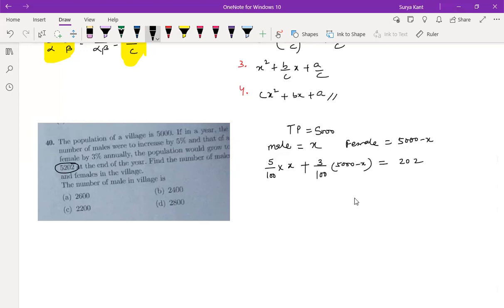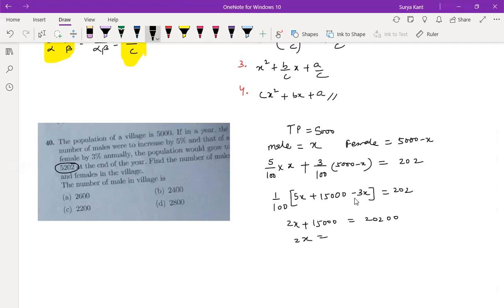Now what can we do here? 1 by 100 you can take common. In here you can write 5x plus 5 3s are 15,000 minus 3x is equal to 202. So you can write here 5x minus 3x, 2x plus 15,000 is equal to 20200.